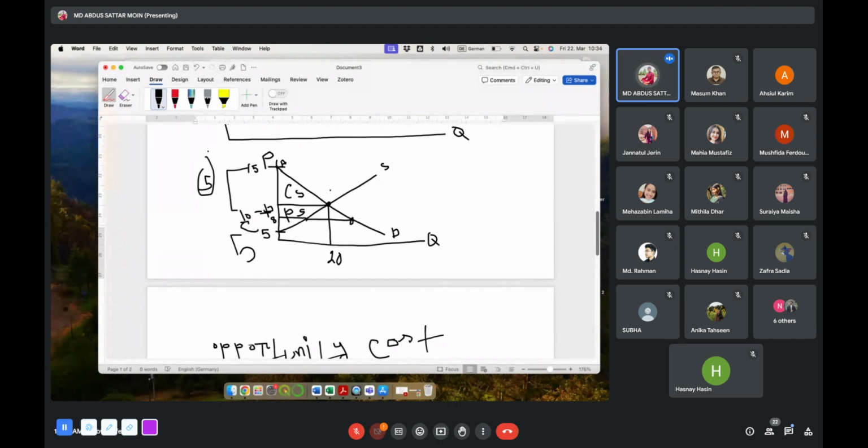Why surplus? Because supply of the product will be higher than the demand for the product, and any point below the equilibrium price, there will be market shortage: demand will be higher, supply is lower.